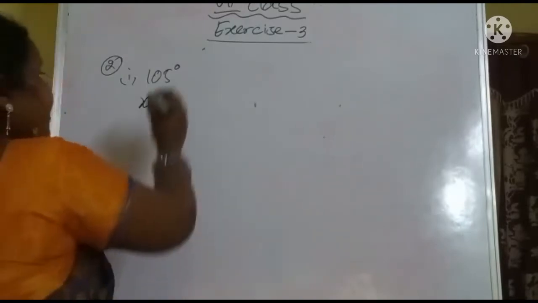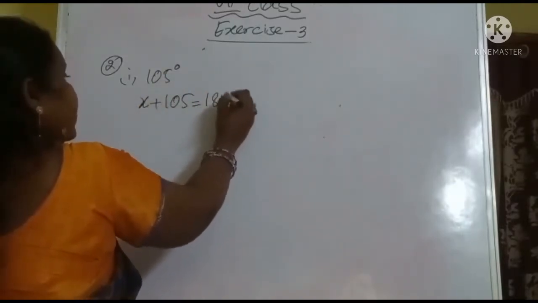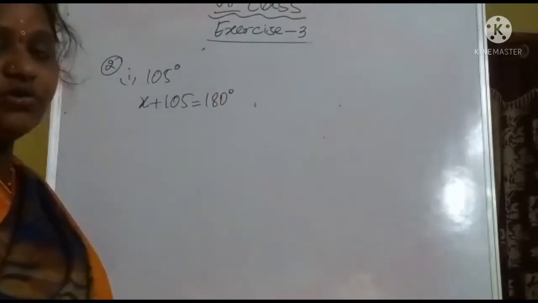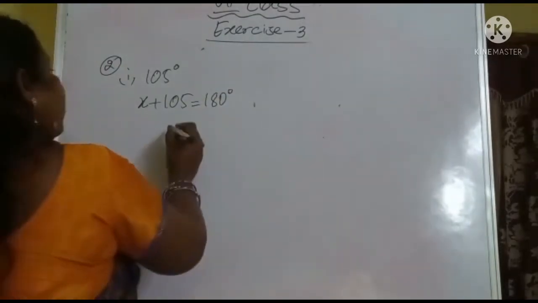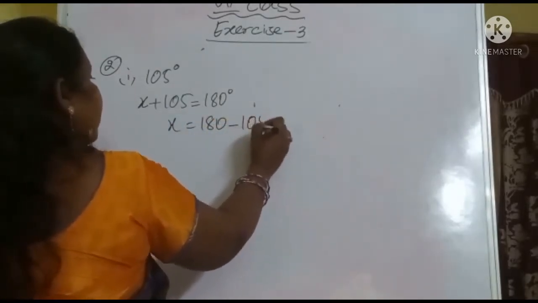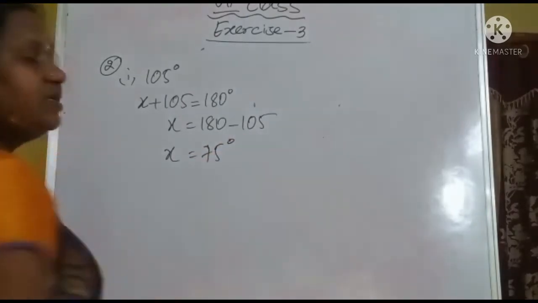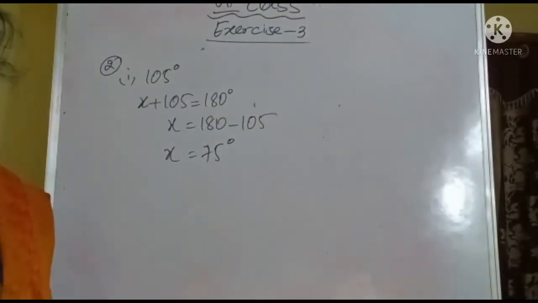If you add x and the given angle, it should be equal to 180 degrees because we know that those are supplementary angles. In order to find x, take 105 to that side. So 180 minus 105, you are going to get x equal to 75 degrees. So 75 degrees is the supplementary angle for 105 degrees.